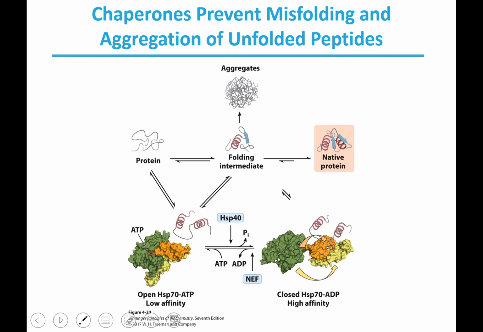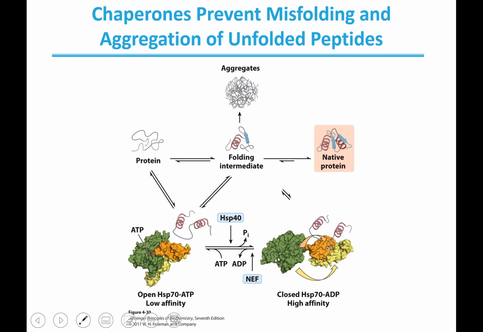It usually will bind to hydrophobic parts of a protein, and you can have lots of these HSP70s on a protein that's being synthesized. Typically the protein will be synthesized on a ribosome, and these HSP70s will bind to the hydrophobic regions of that protein and help them fold.